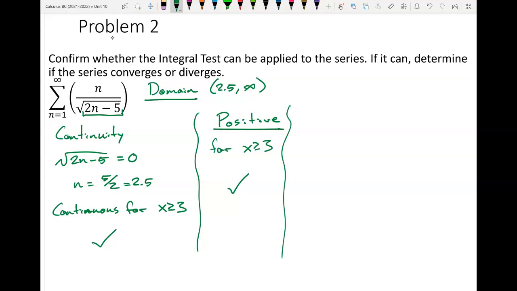So then let's check decreasing. We want to look at our derivative. Has anybody found the derivative yet? It is ugly. That's okay.